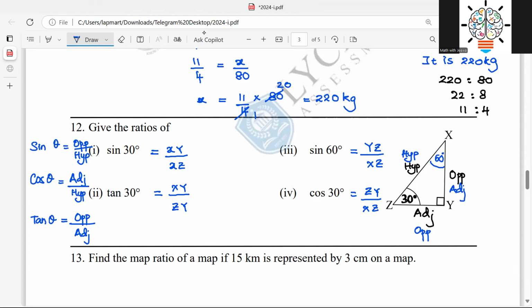Sin 60, ZY over ZX, correct. And tan 30, XY over CY. Cos 30, ZY over XZ. Yeah, correct.